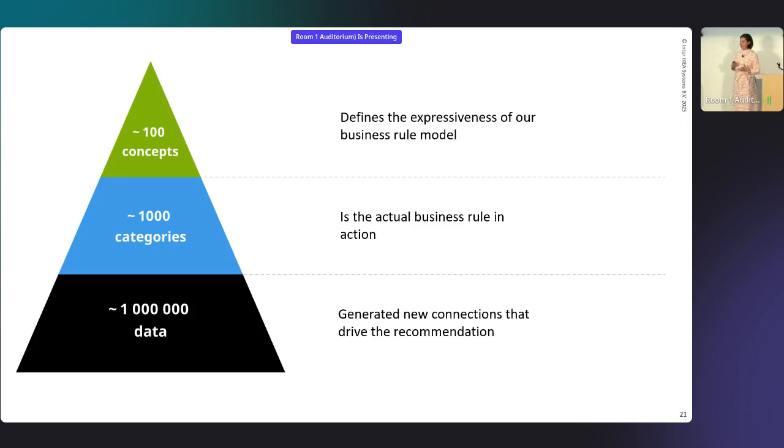We are seeing that the expressiveness of the model only catches maybe 80% of the accessory furniture connections. So we want to do more. We want to introduce different kinds of logical operators, etc., to our rules, and we're all the time expanding and improving it. And then on the middle blue layer, we have the actual business rules in action.